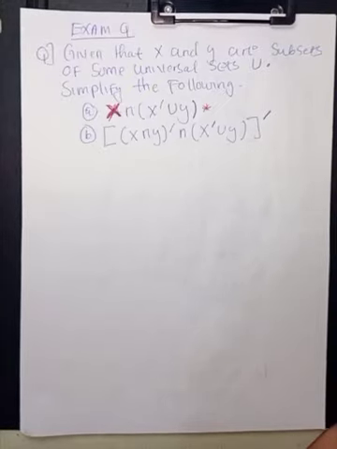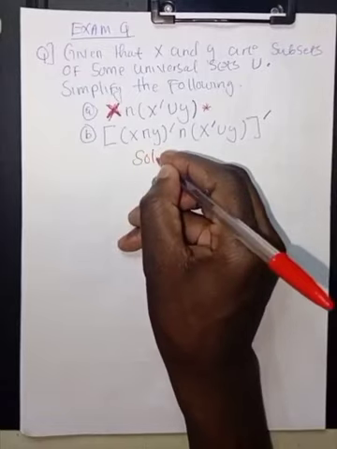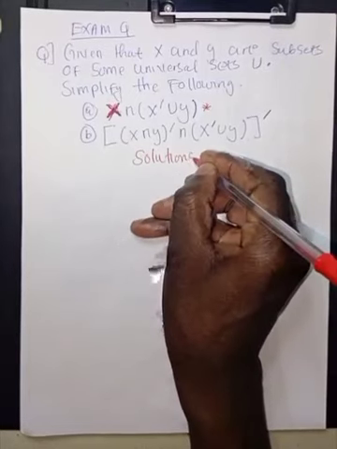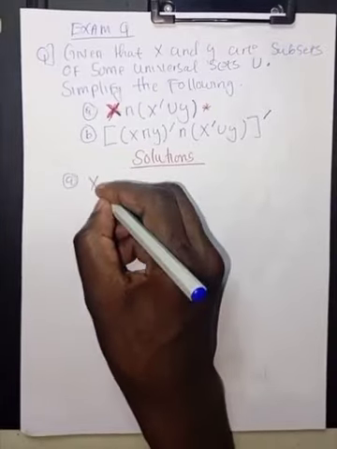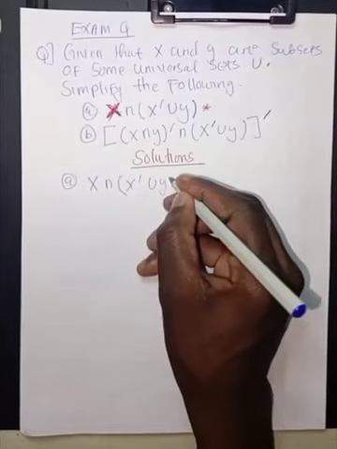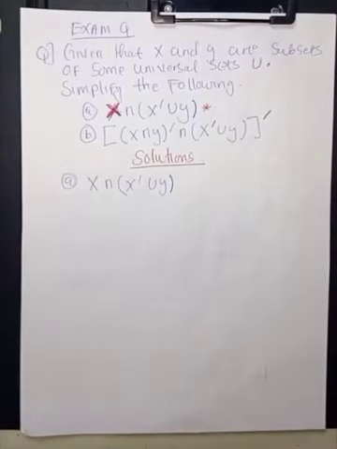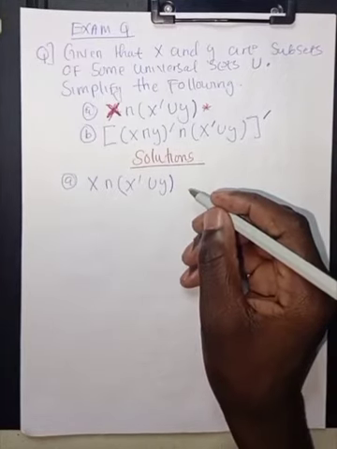Yeah, so same things. All you need to know are the laws and the properties. So solutions. We pick our A. So our A is basically X intersection, then X complement union Y. First question you need to ask yourself is, is there a complement outside?